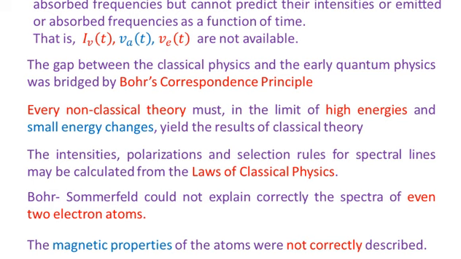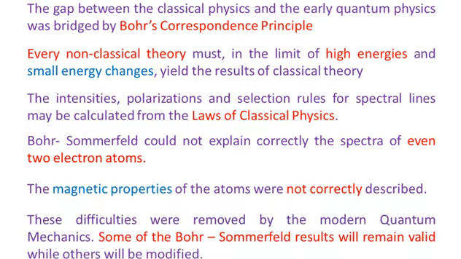So the quantum theory and the classical theory will give you the same results when the system is in a very high energy state. And the second condition is when the energy spacing of such levels is very small, that is, we are talking about the continuum of energy.